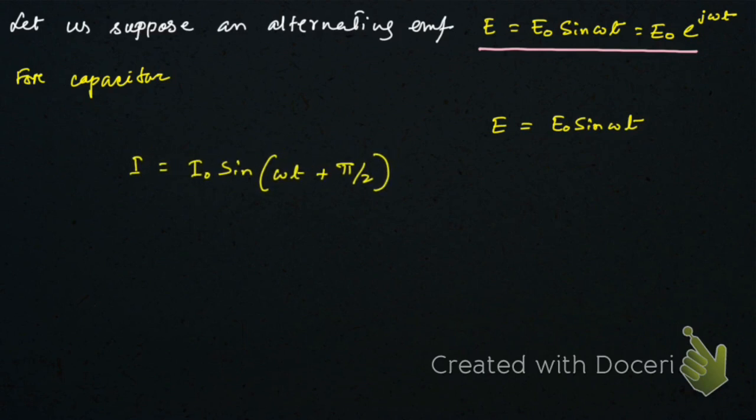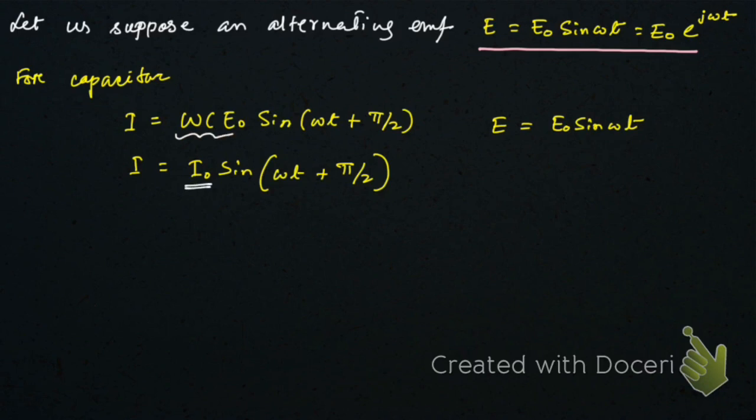Here you see, for the circuit with capacitor only, we have already got that I is equal to omega C E naught sine omega t plus pi by 2, where this is nothing but I naught.